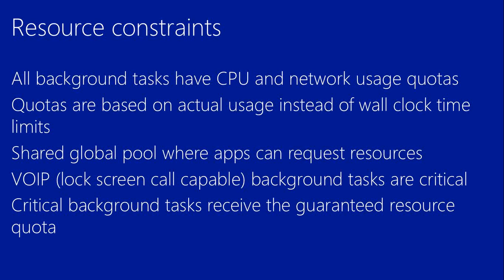So it's not fair to charge your application when it's doing nothing but just waiting. A fairer calculation can be done on the actual usage of CPU. So that's why the resource quotas are based on actual usage instead of wall clock time limits.